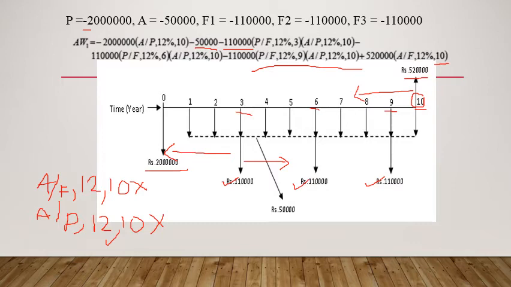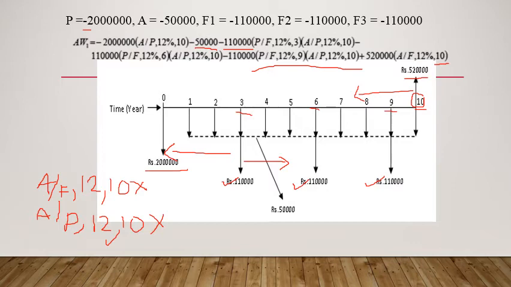Please remember, whenever you have a cash flow at the mid of the cash flow diagram, and if you want to convert that cash flow into its equivalent annual cost or equivalent annual worth, or into A, straight away it cannot be done.